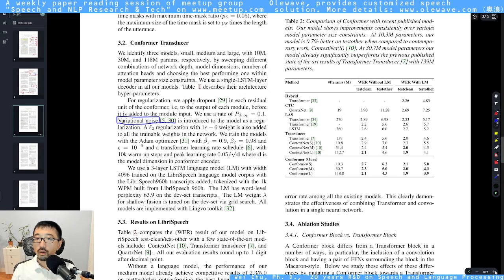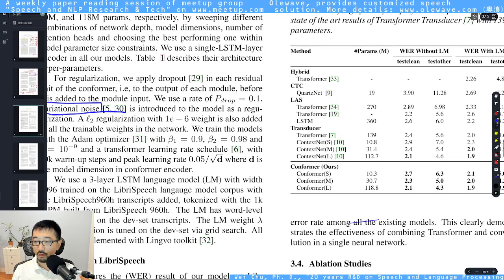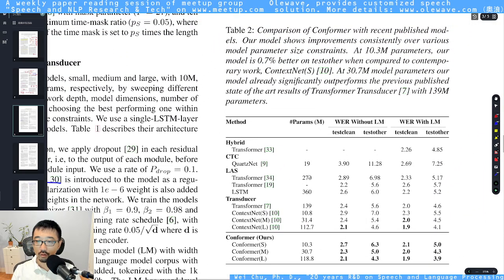Okay, so let's look at their results. Let me make this greater so you can see it better.